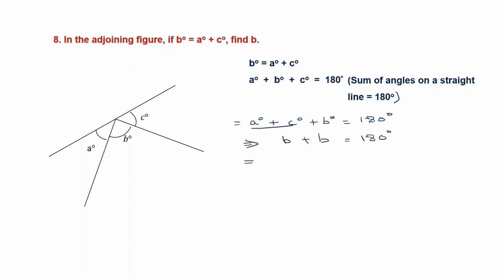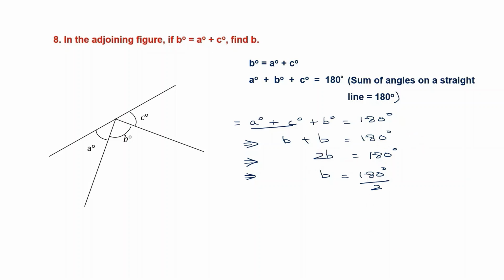B plus B is 2B. 2B is equal to 180 degrees. Now we can find the value of B. That is, B is equal to 180 degrees divided by 2. Because I have transposed the 2 from this end and I have brought it to the other side. So now it becomes division by 2.